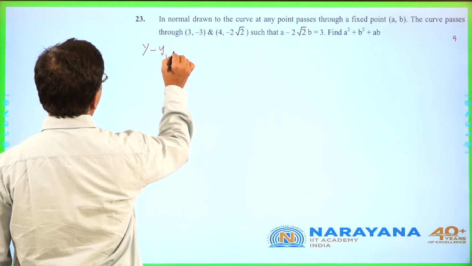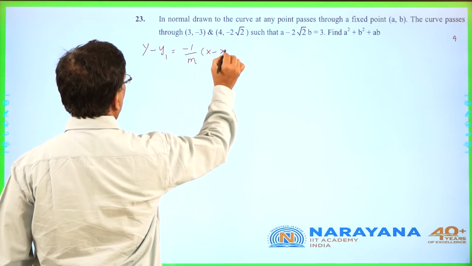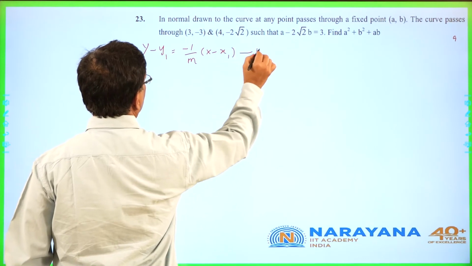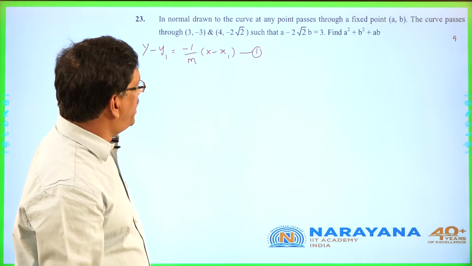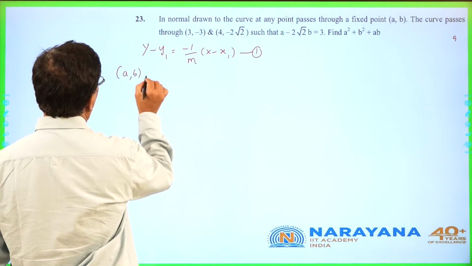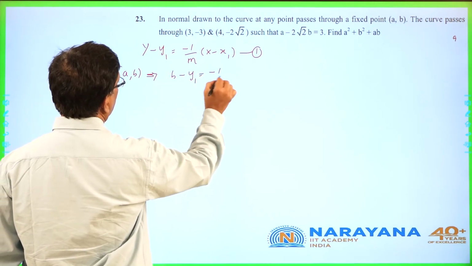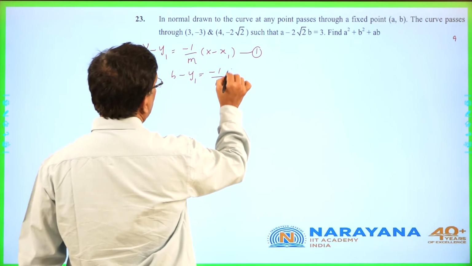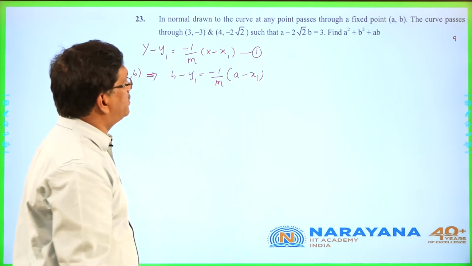Y minus y1 is equal to minus 1 by m into x minus x1. It passes through a fixed point a comma b. That is, b minus y1 equal to minus 1 by m into a minus x1.